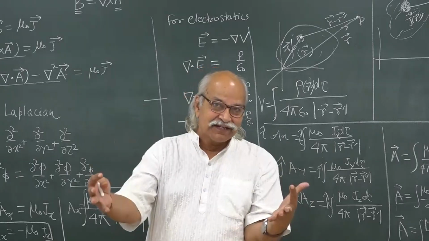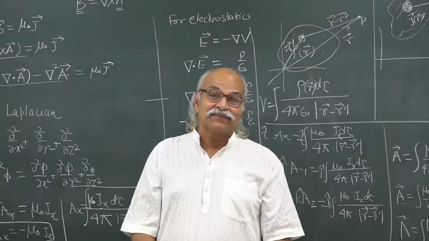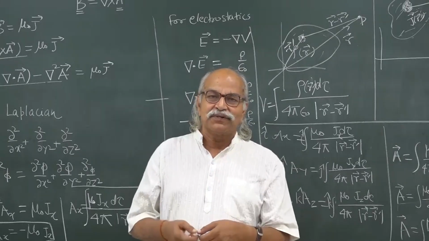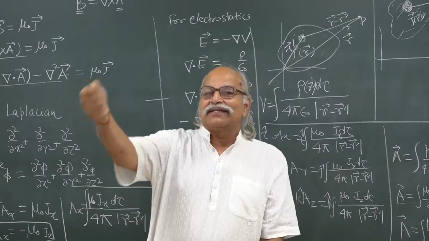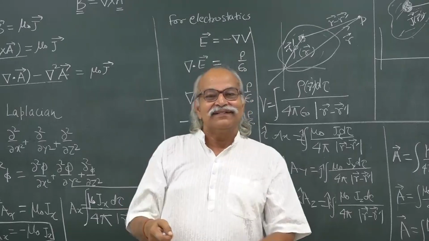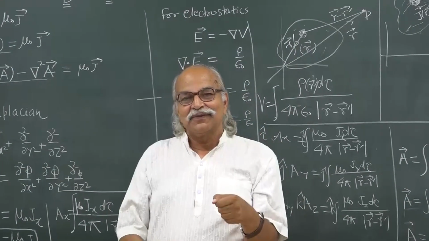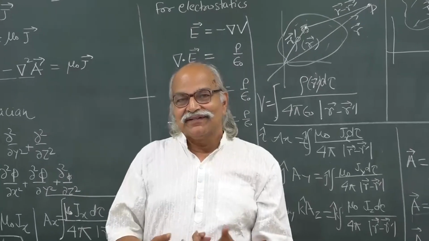That same function we will assume that it represents a charge distribution, and for that charge distribution we will write what is the electric potential, and we will get some expression, and then 1 by epsilon naught will be replaced by mu naught.